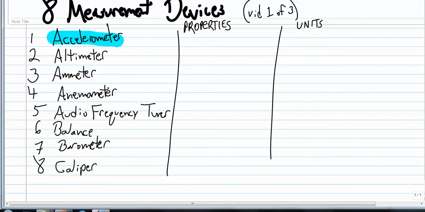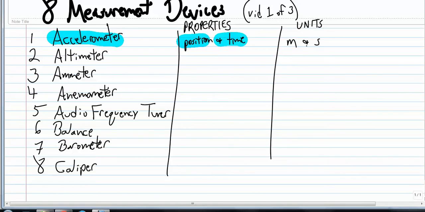So an accelerometer then measures the properties of position and time. So if you change your position over time, then an accelerometer will detect that. So there's our properties. Then what units? Well, position we measure in meters, and time we measure in seconds.